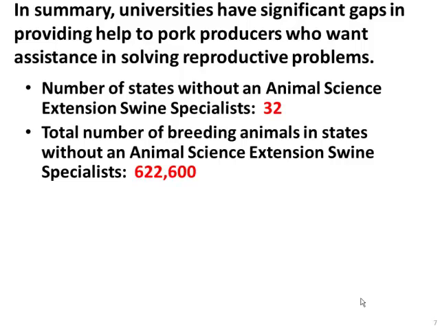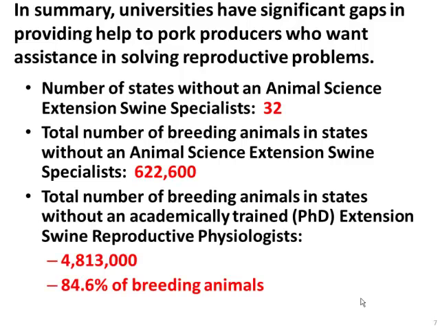Then if you look at the total number of breeding animals in states without an animal science extension swine specialist, well, you think, there's only about 622,600 sows that don't have some kind of an extension swine specialist. But most of them are going to be probably in swine nutrition and just general management, nothing specialized in reproductive performance.